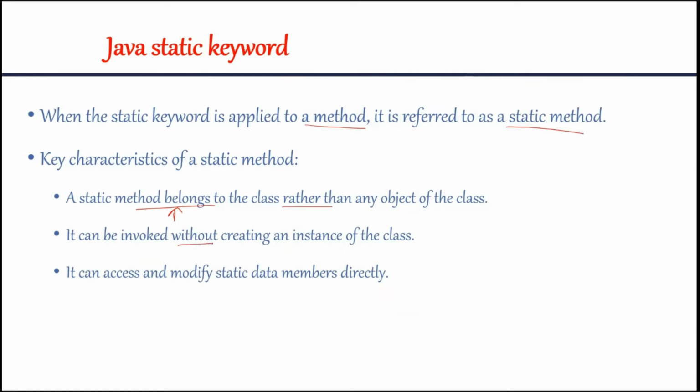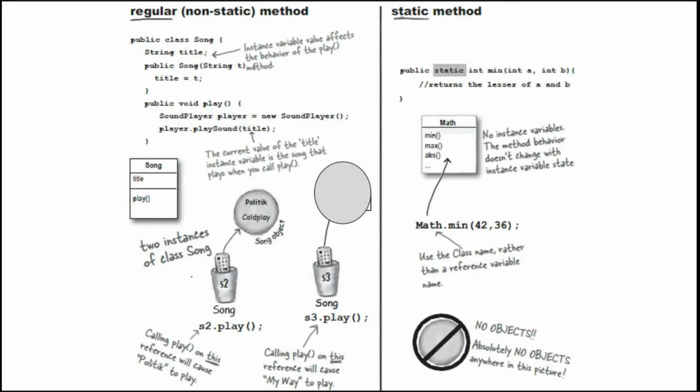It can be invoked without creating an instance of the class, and it can access or modify the static data members directly. See, this example is given in your book about static methods. What is a static method and what is a non-static method? Here there is a function called play.